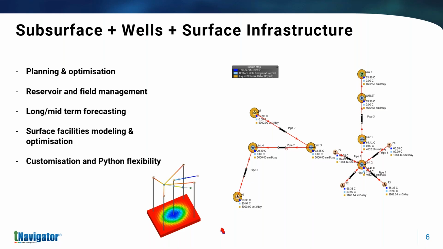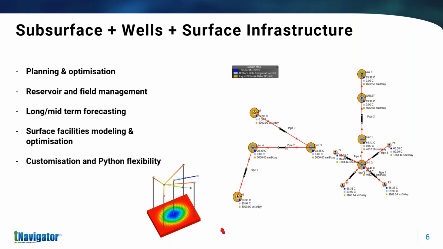We need to capture how the temperature of the produced brine changes from producers to the production facility, how much heat we can extract, how we can optimize the pipelines, and how we can implement the best strategy to produce the brine. The same goes for the reinjection system: how much we can reinject back to the reservoir, what the temperature is, and how much temperature loss we have.